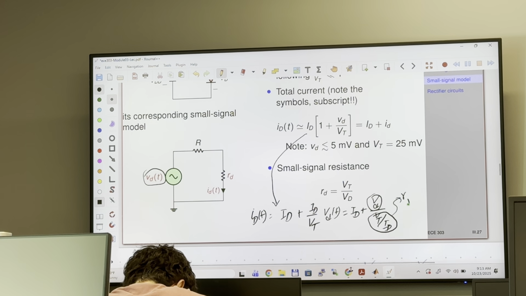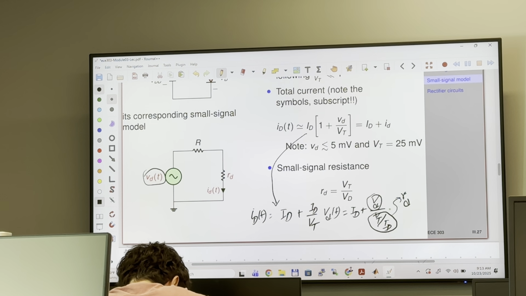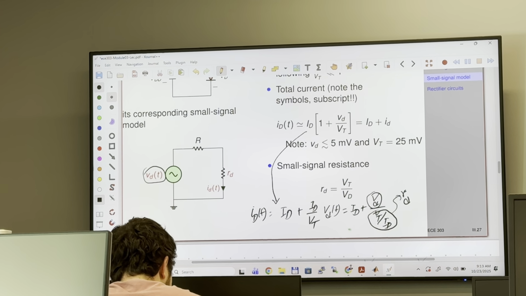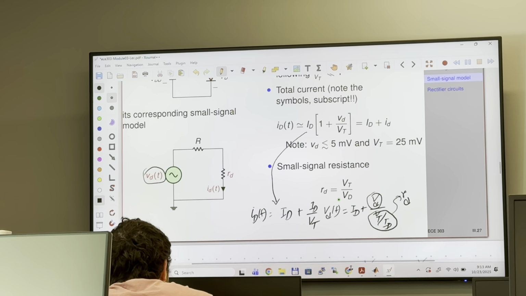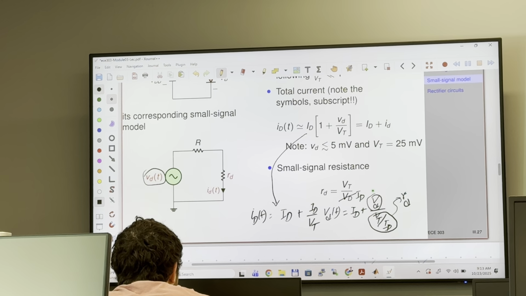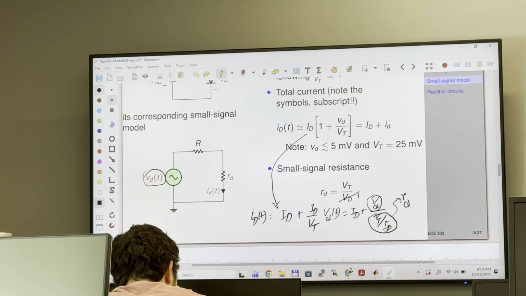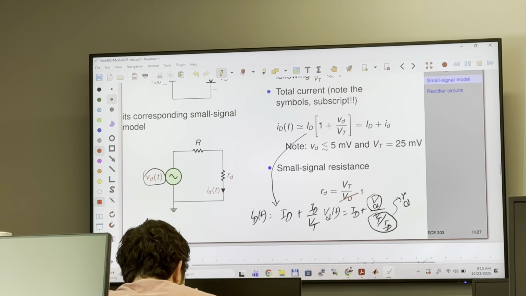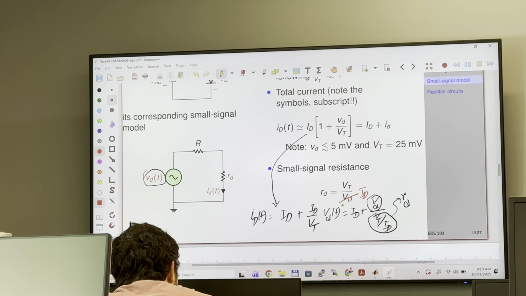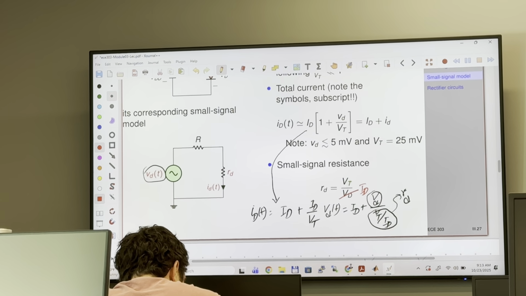So this is your r_d. This resistance is basically V_T over, I'm sorry, there is a mistake here. It is going to be I_D. I'm going to use red color. This is going to be I_D, guys. Okay? So it is V_T over I_D.